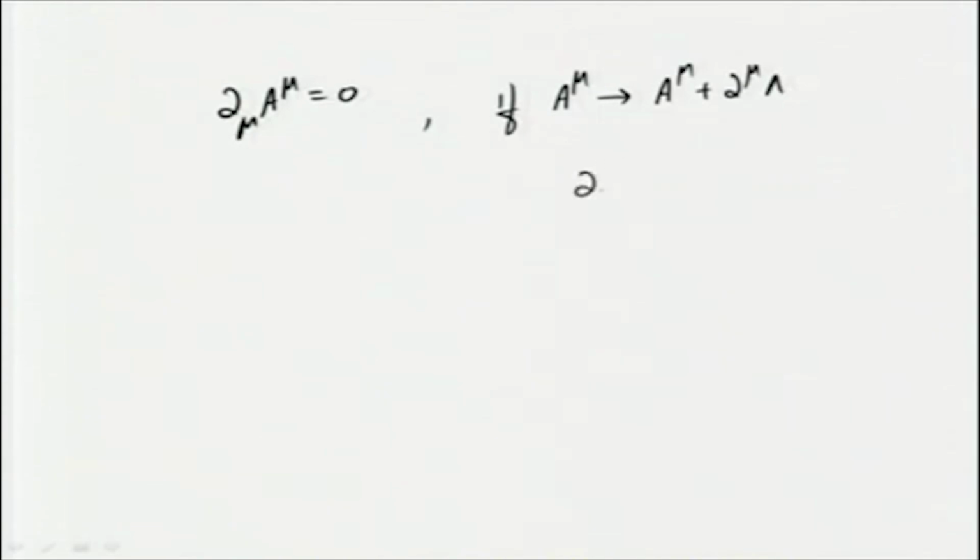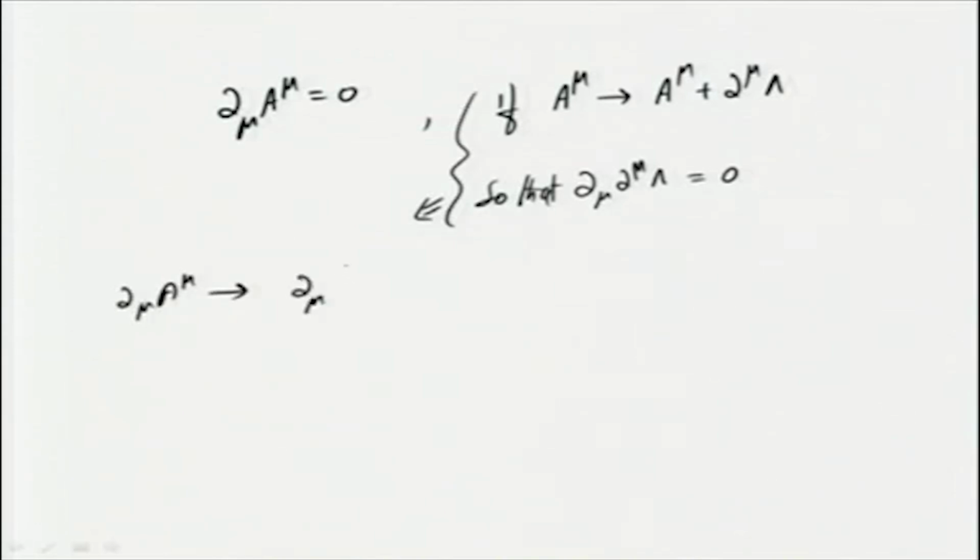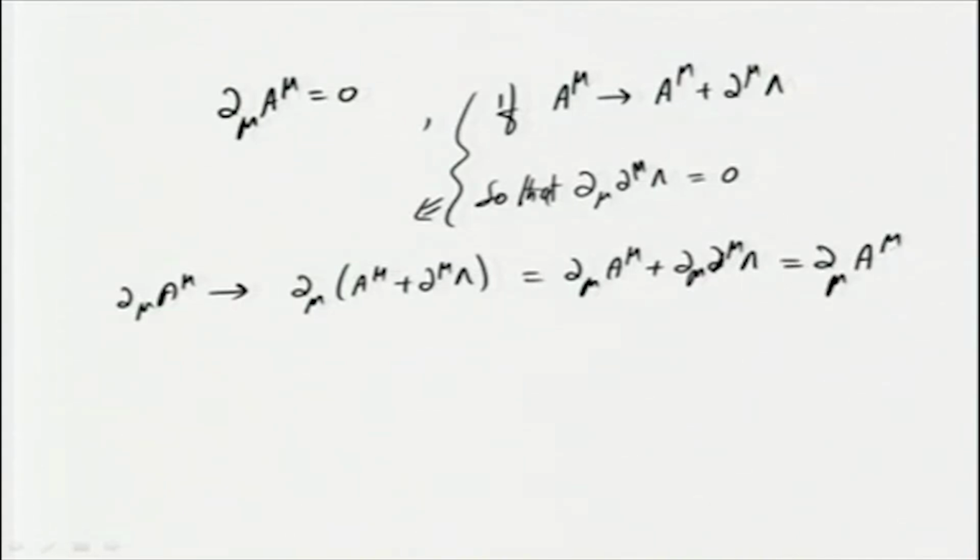But if we choose lambda so that dou mu dou mu lambda equal to 0, then this will give us dou mu A mu going to dou mu A mu plus dou mu dou mu lambda, which is equal to dou mu A mu, because the second term is equal to 0. That is a property of the chosen lambda.